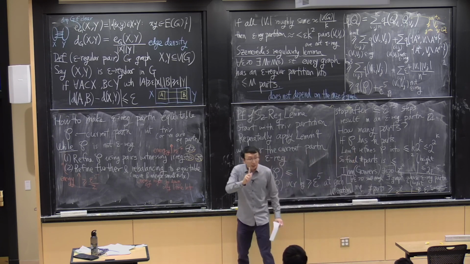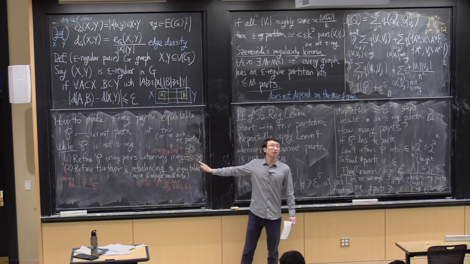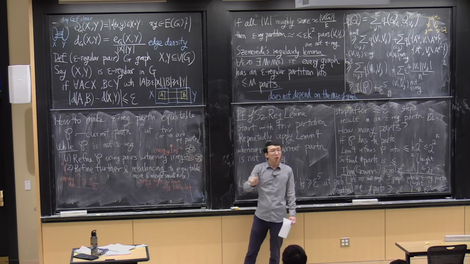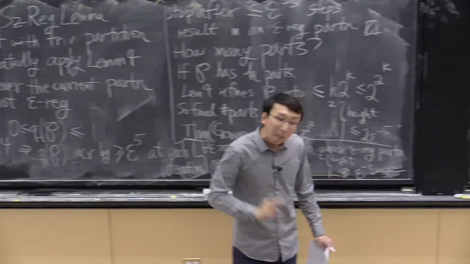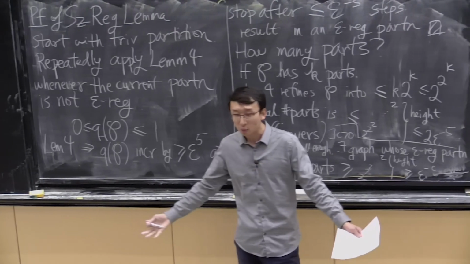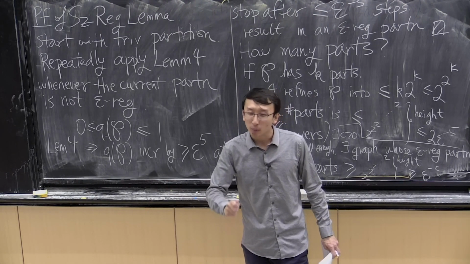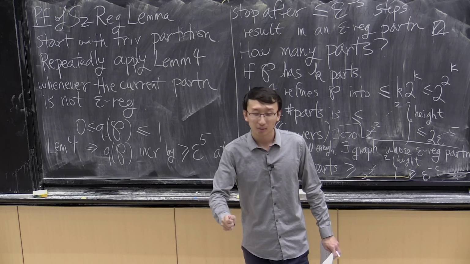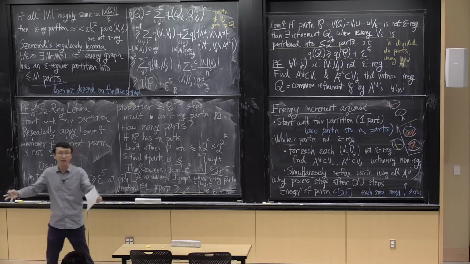But the thing that actually is somewhat important is there's a wrong way to do this. I just want to point that out. What's the wrong way to do this? Is that you apply regularity lemma, and you think, well, now I have something that's epsilon regular. Then I massage it to try to make it equitable at the end. So if I don't look into the proof, I just look at the statement of Szemerédi's regularity lemma.